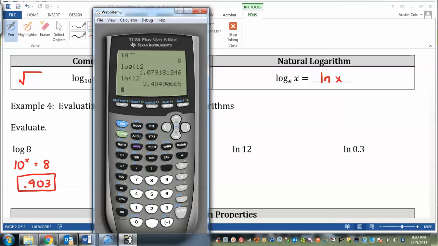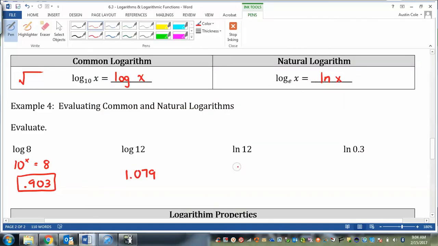Now, what does that mean, guys? That means e to that exponent is 12. So the answer would be 2.485. Ryan, what does e equal? e is what we talked about last class, remember? It's 2.71, and it goes on forever.